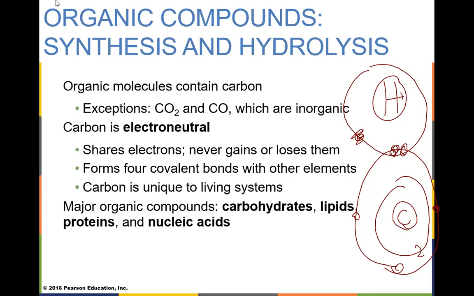Hydrogen's happy because it now has 2 electrons temporarily in the first shell, and carbon is happy because now it's added another electron here. And suppose it binds to another hydrogen and another hydrogen and another hydrogen, and pretty soon it has 8 electrons in its outer shell, and it's happy. It's stable. The carbon atom is sharing its electrons covalently. It doesn't gain any electrons, doesn't lose any electrons, it's just sharing.